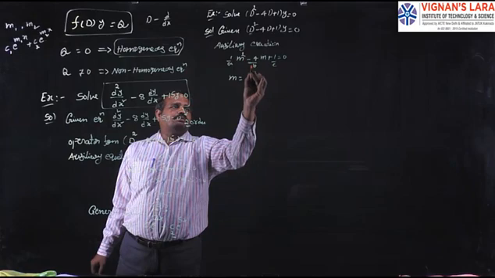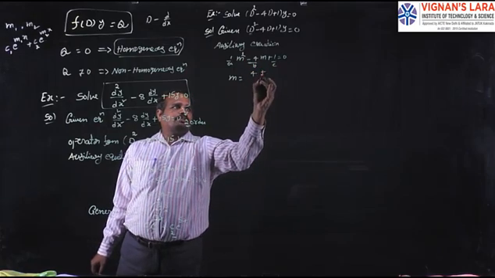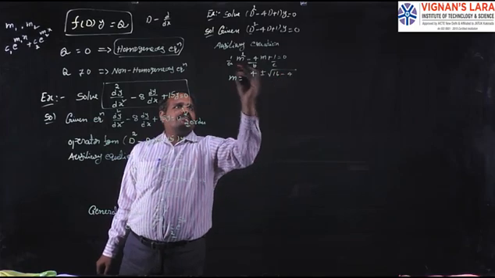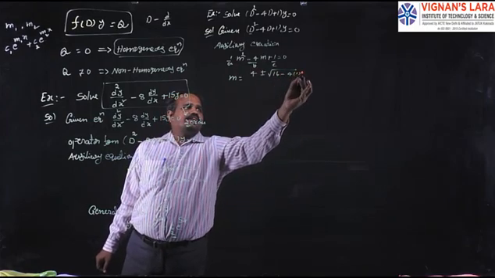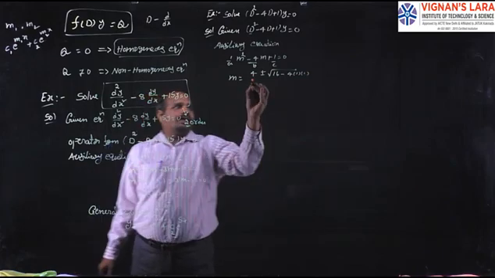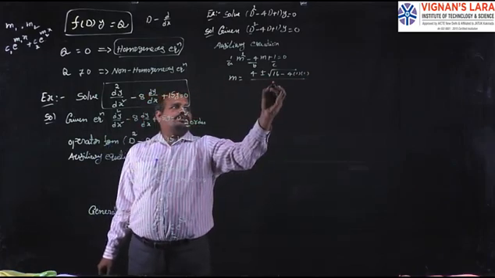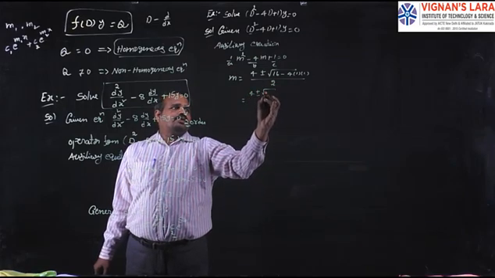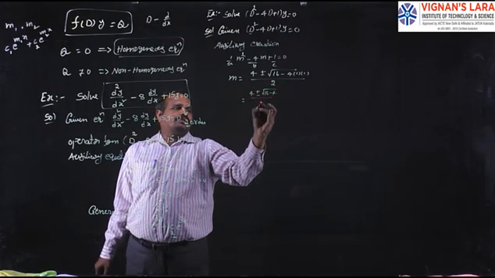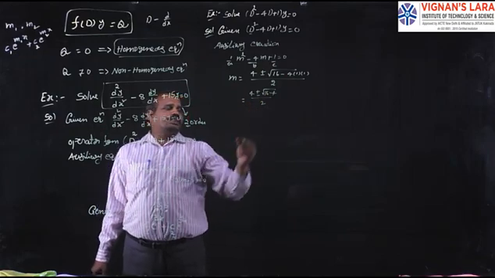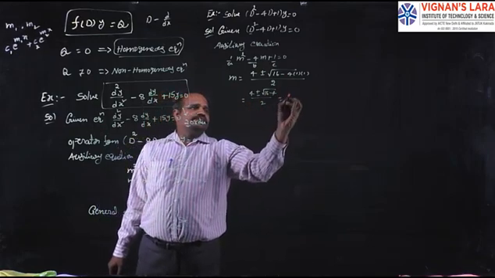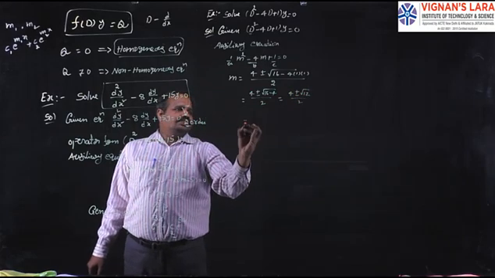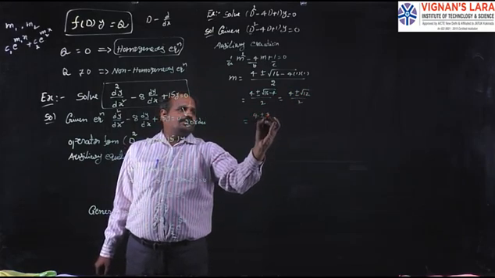So m is equal to 4 plus or minus under root of 16 minus 4 into 1 into 1, by 2 into 1, which is 4 plus or minus under root 12 by 2. 12 can be written as 2 root 3, which gives 4 plus or minus 2 root 3 by 2.